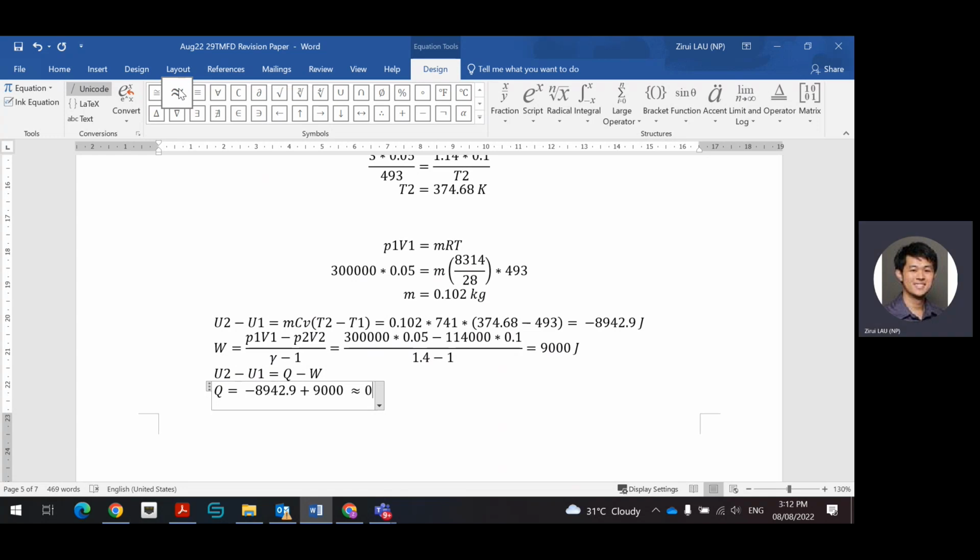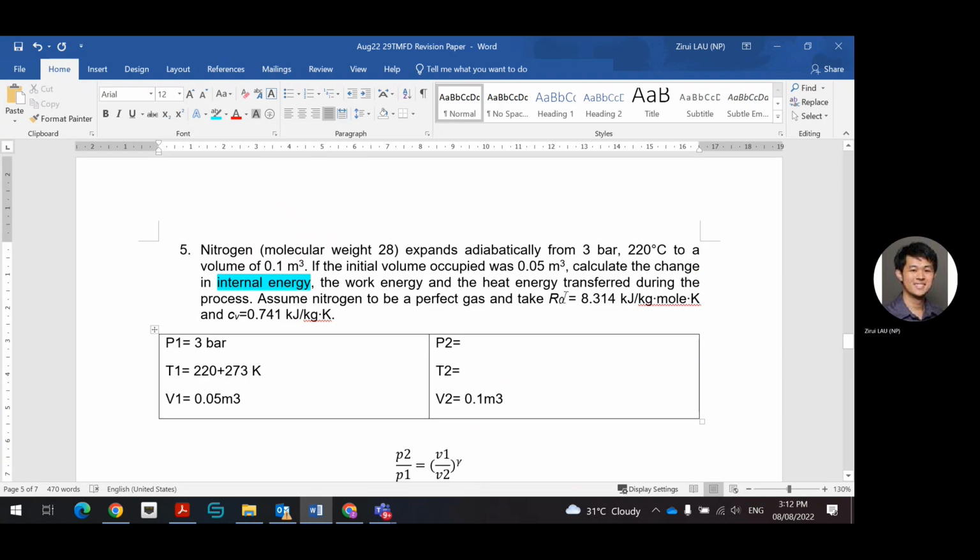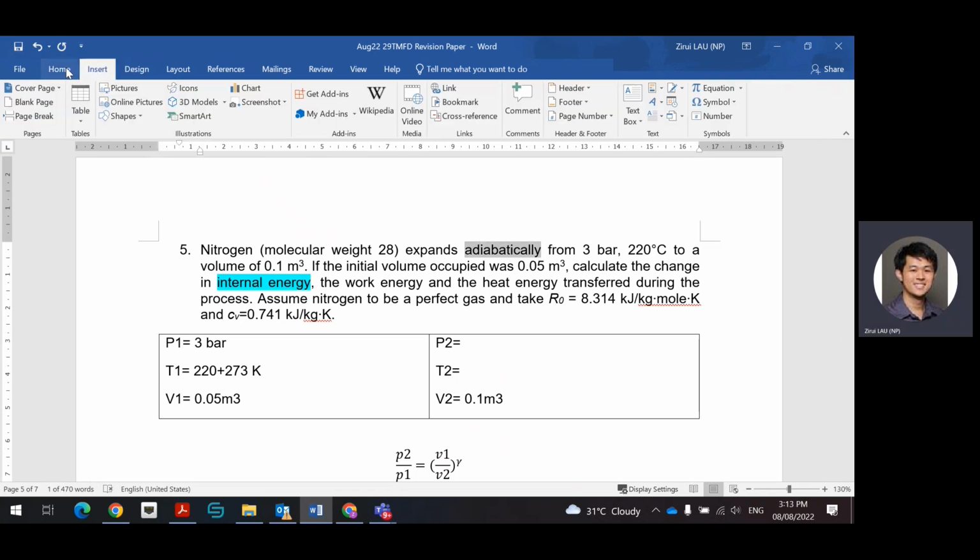Adiabatic, the characteristic is there will be no heat transfer. Q is 0, because the question says adiabatic, right? By right, don't even need to calculate.